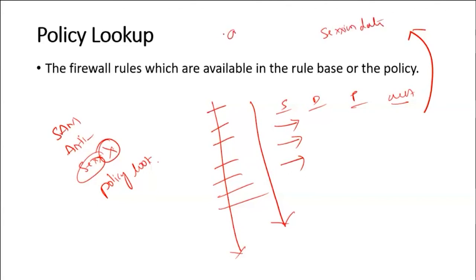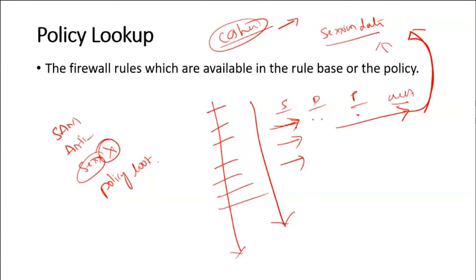We used to call it a cache, right? That is the generic word. So it will save these connections in a cache table. If traffic is coming with source, destination, and port information that is okay, it will store this information in the cache, which we can call the session table.